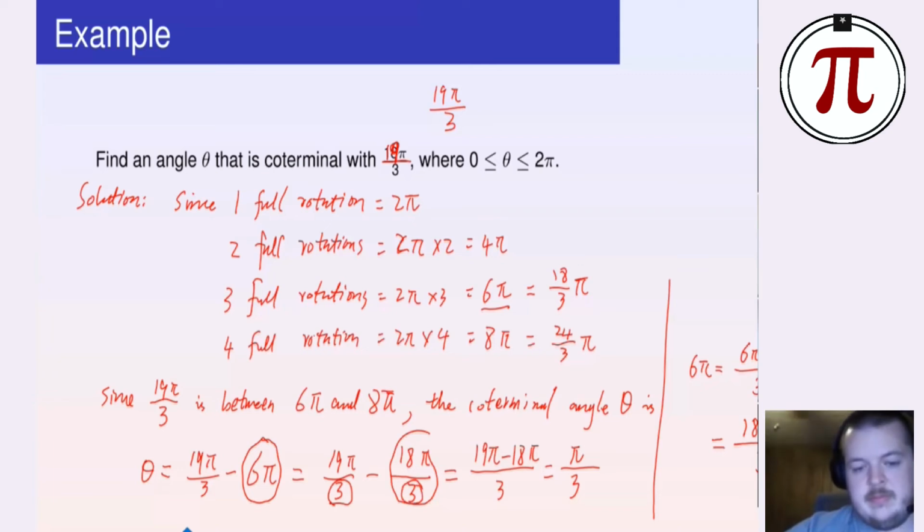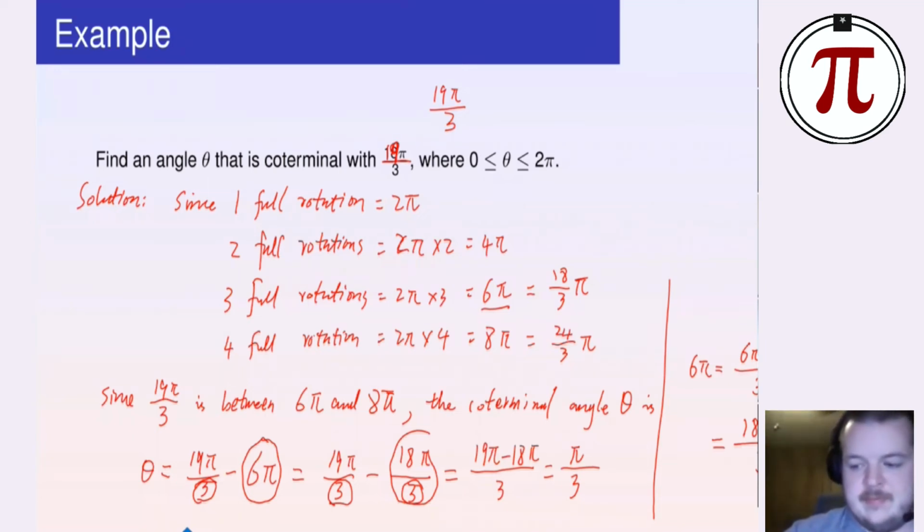The first one has the denominator of 3, so I want this 6 pi also with the denominator 3 so that I can do the subtraction, right? So this means 19 pi minus 18 pi over 3 because they share the same denominator. Okay, so therefore we have pi over 3 here. Good? Okay, very good.